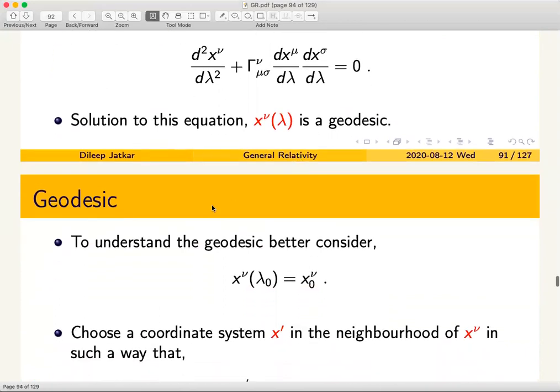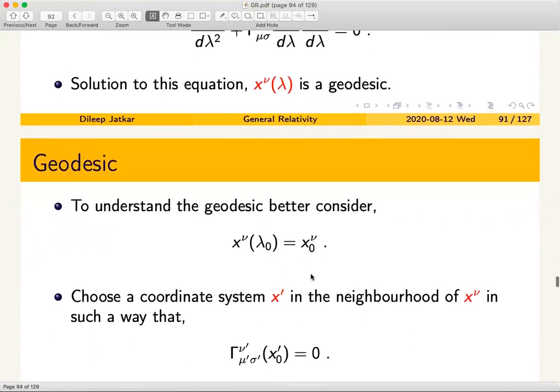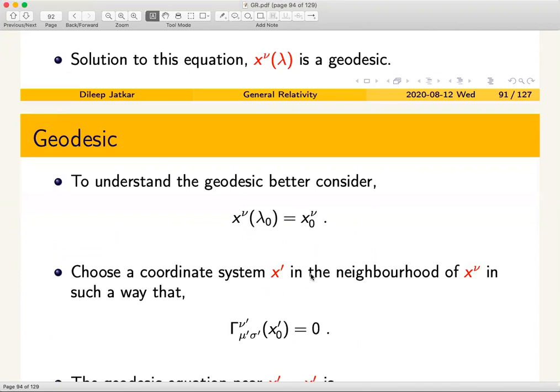Okay, let us consider a particular point which is parameterized by lambda 0, and at that point, of course, x nu takes the value x nu 0. Now choose a coordinate x prime which is in the neighborhood of x nu 0, in such a way that in the prime coordinate system, the Riemann-Christoffel connection vanishes.